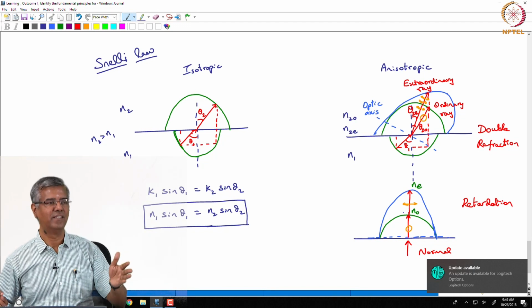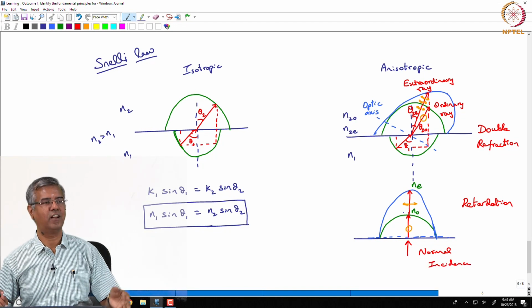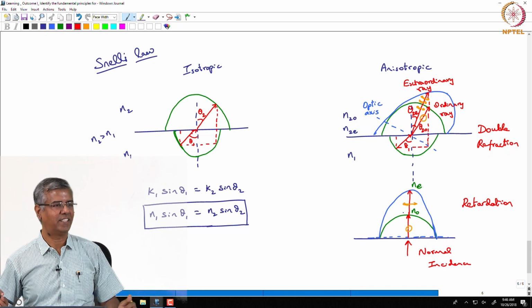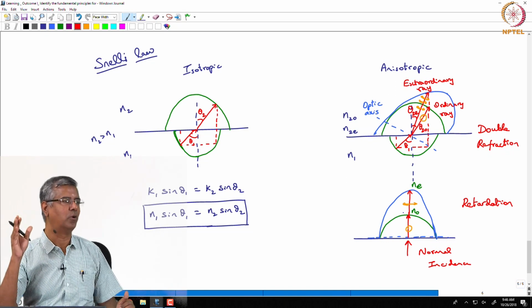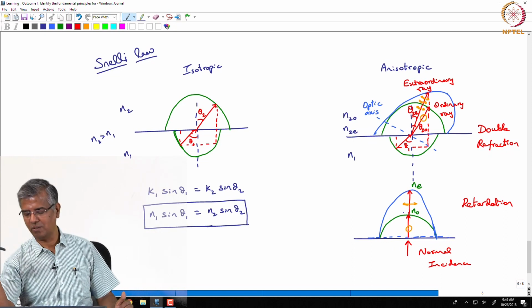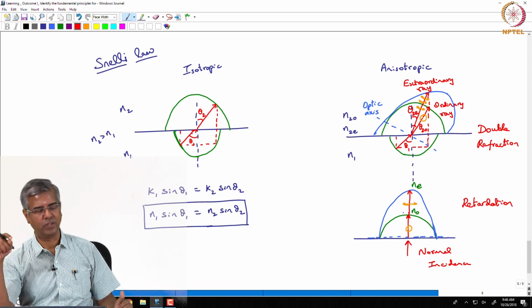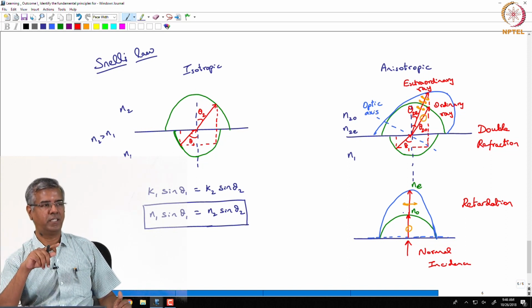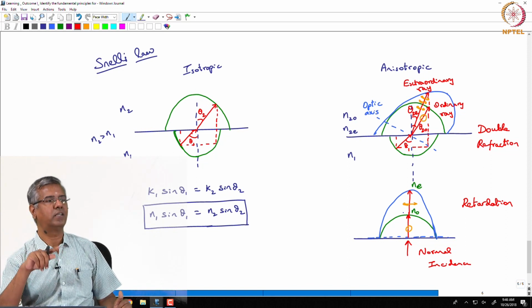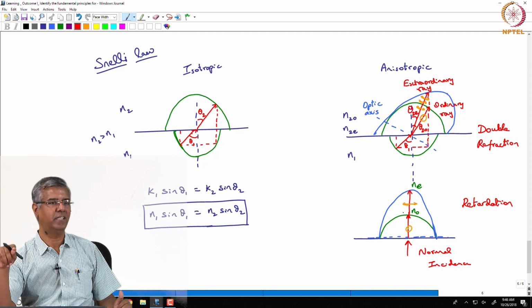You say normal incidence, Snell's law tells me that I should have only a normal beam going out, but because of the fact that for the extraordinary ray, your energy vector, the Poynting vector, is not aligned to the k vector, right?